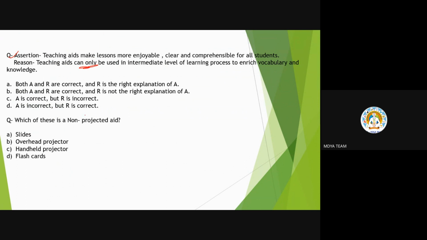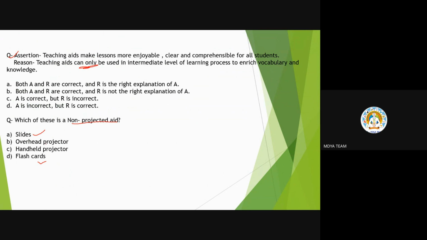Now the next question is, which of these is a non-projected aid? Flashcards, D. Yes, flashcards. These all are used in projected aids, like slides. In the presentation, slides are there.